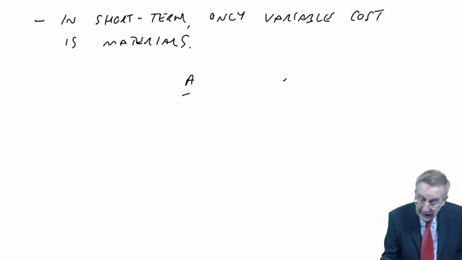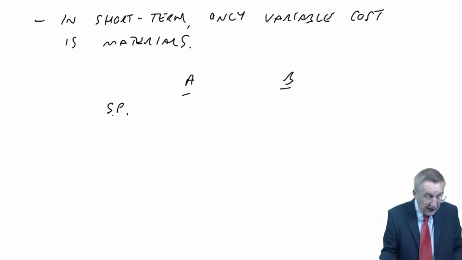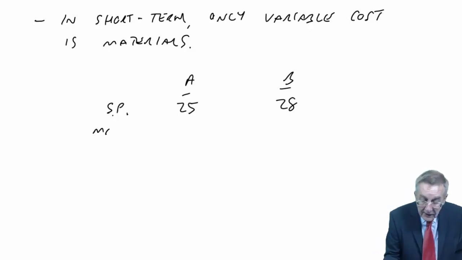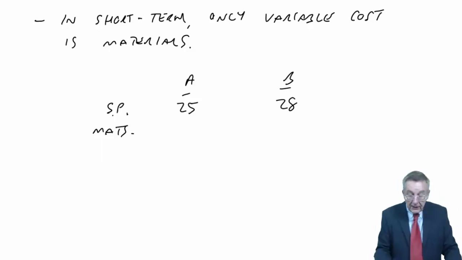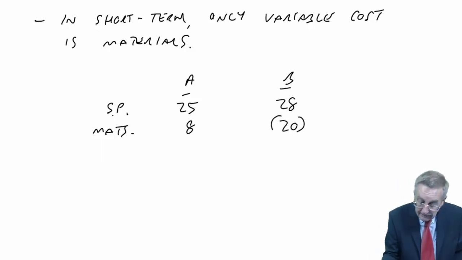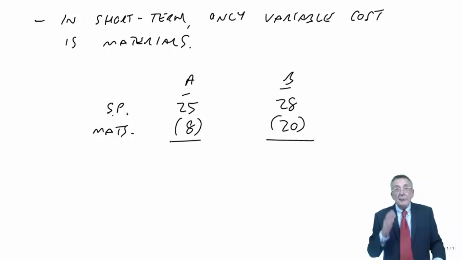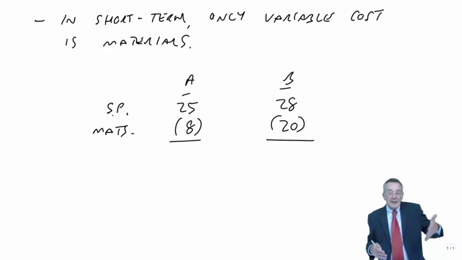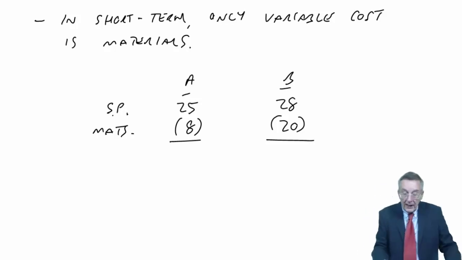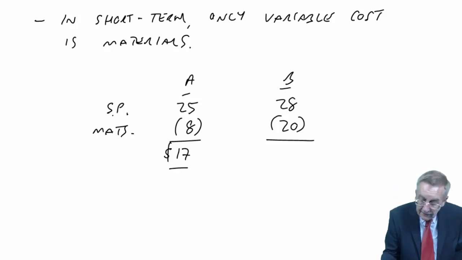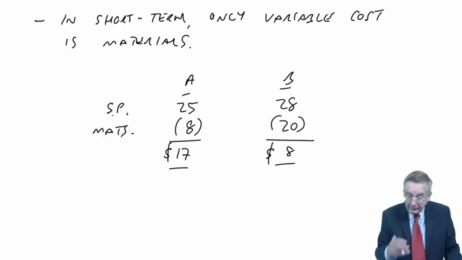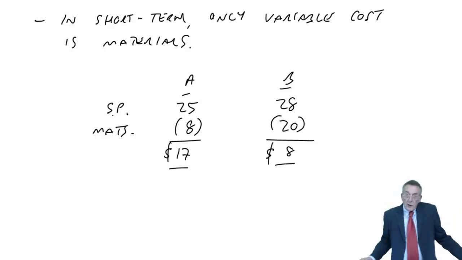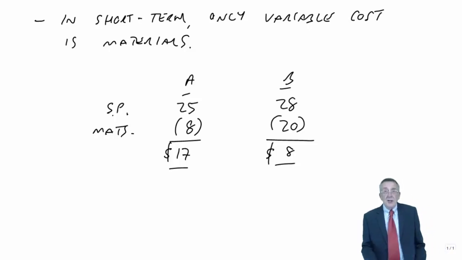But here with A and B, the selling price per unit, A is 25, B is 28. The materials, the only variable cost, 8 and 20. And therefore, in a sense, the contribution, selling price less variable costs, 17 for A, 8 for B. But we don't call it contribution because the standard definition includes all other variable costs.